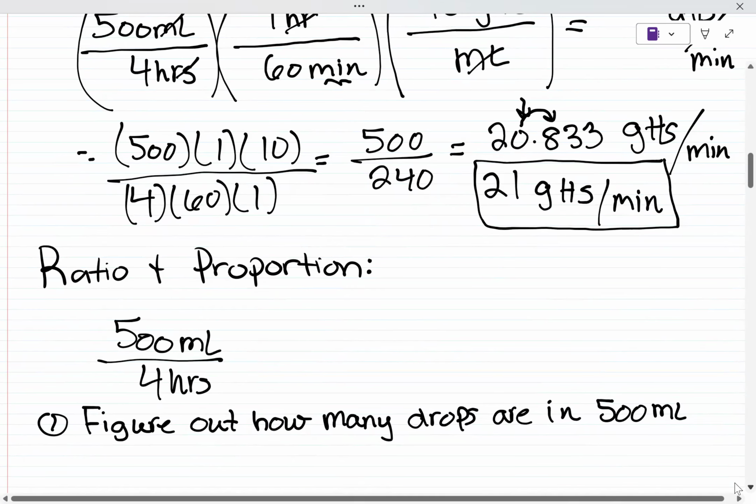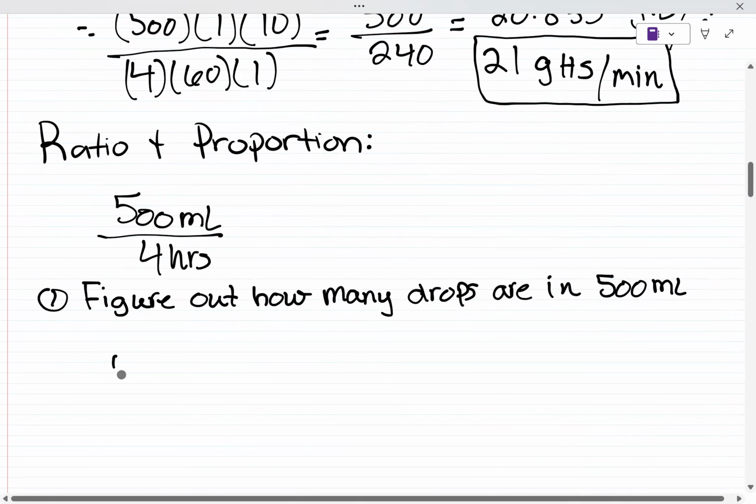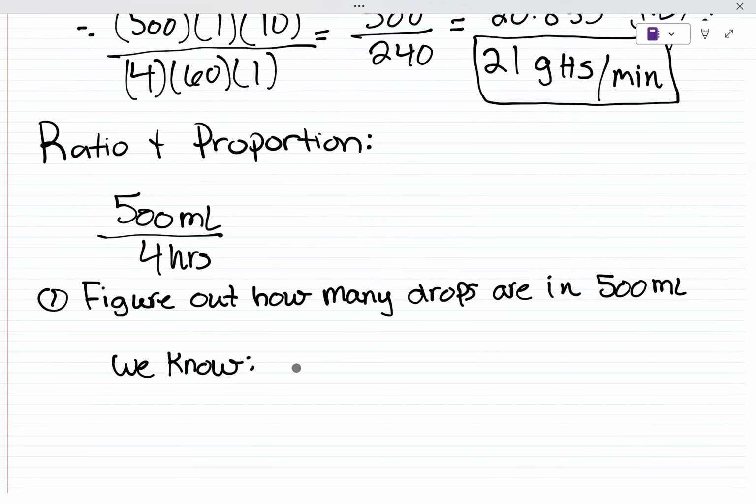We know 10 drops per 1 milliliter was given in our problem, so 10 gtts per 1 milliliter.